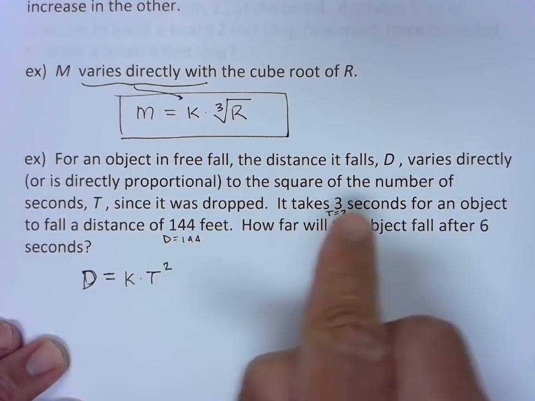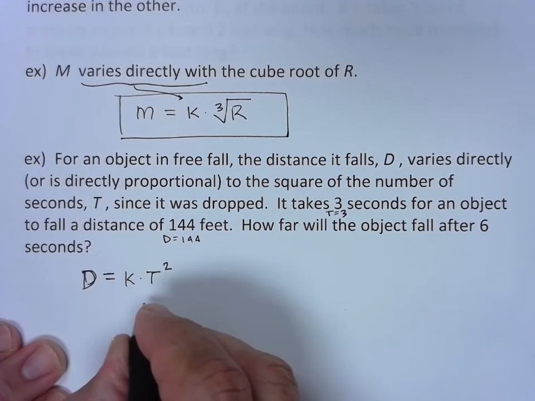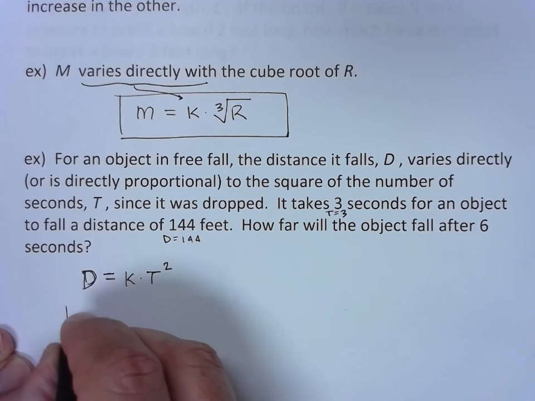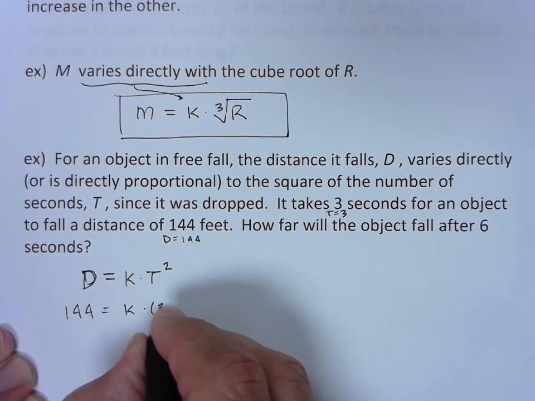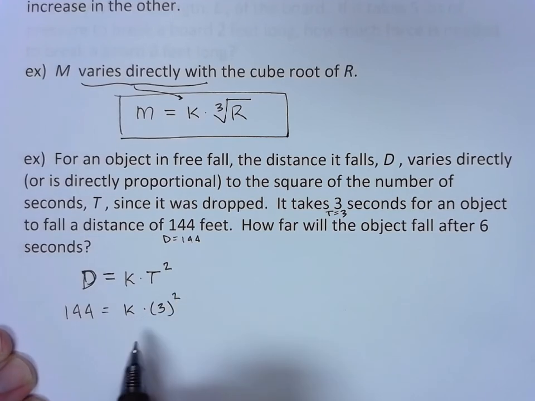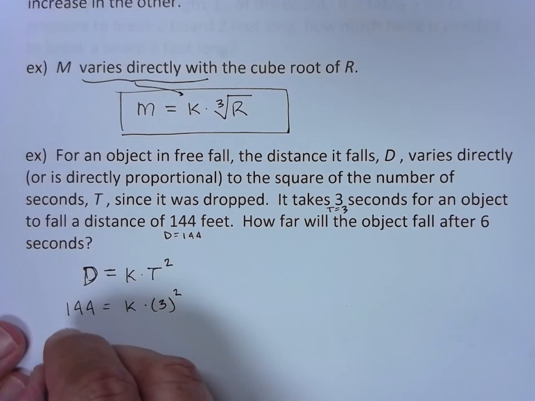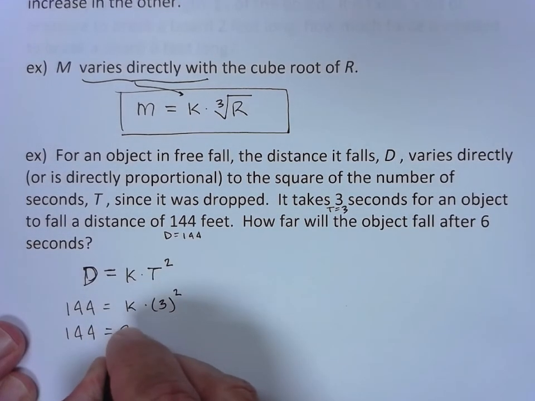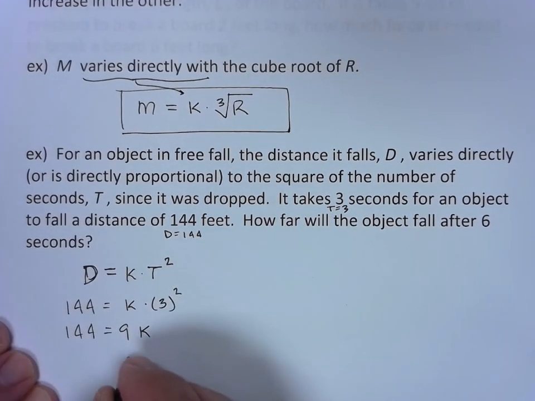So based on that first sentence, we can take for granted that at a value of t equals 3, the distance d is 144. So plug in the values that you know, and then solve this for the value k. You've got 144 equals 9 times k. So then when you divide both sides by 9, that's going to give you k equals 16.